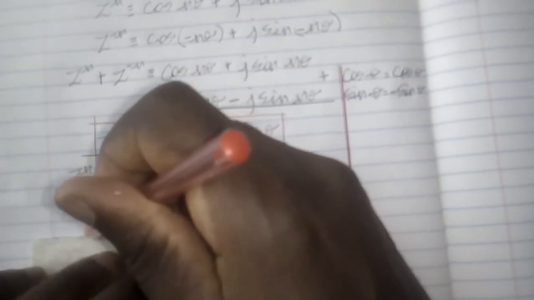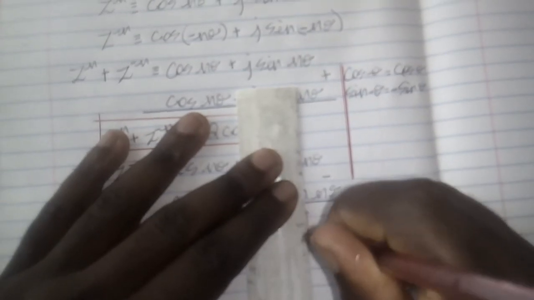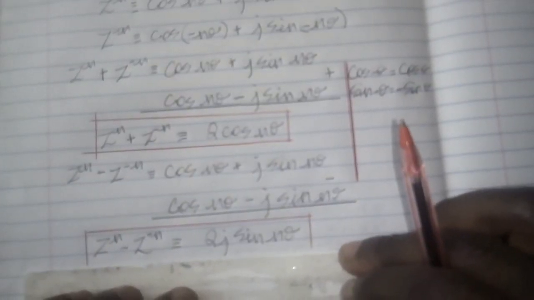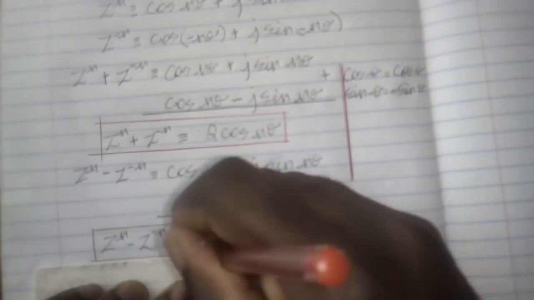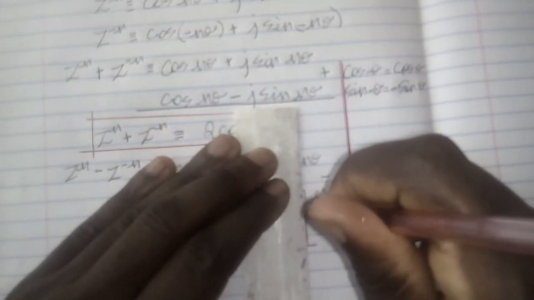Okay, so these are the identities which you need to learn and know, for you'll be using them a lot, and it will save you an awful lot of time in future when working out this type of questions.